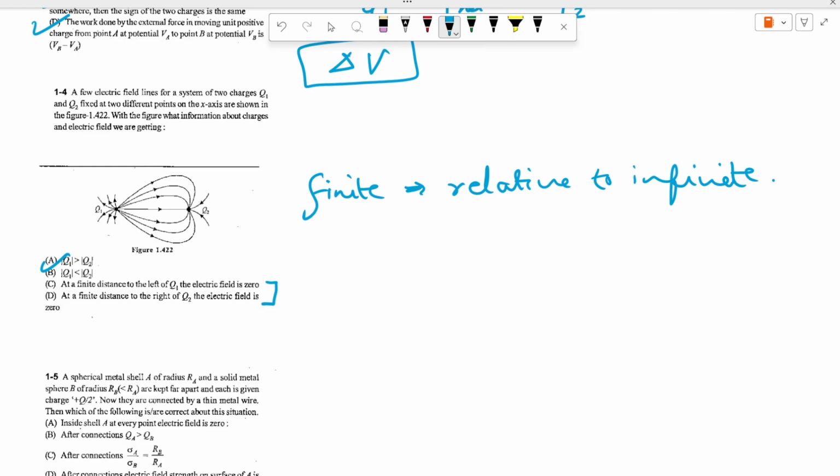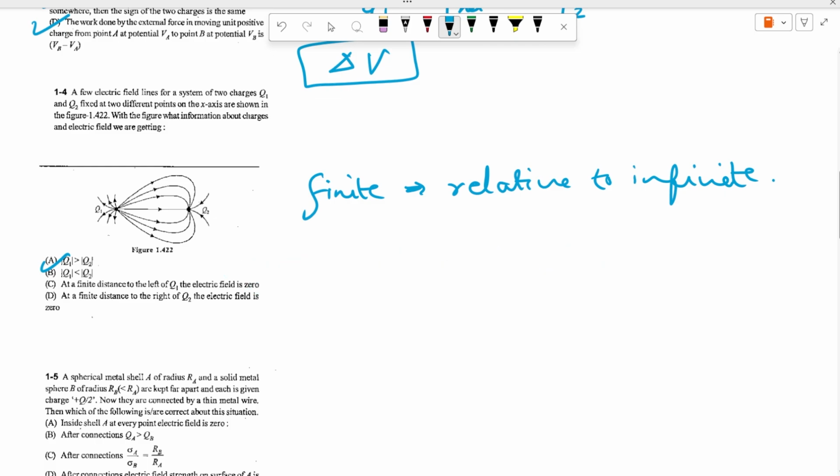What it essentially means is that one of them will have their field extinguished a lot farther away than the other one, right? The influence of their field will get extinguished in varying extents. So the finite distance term essentially means which one's field will get extinguished first.